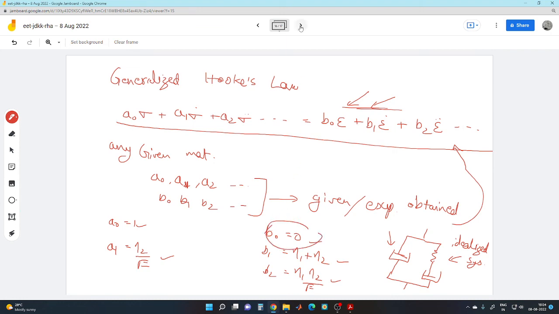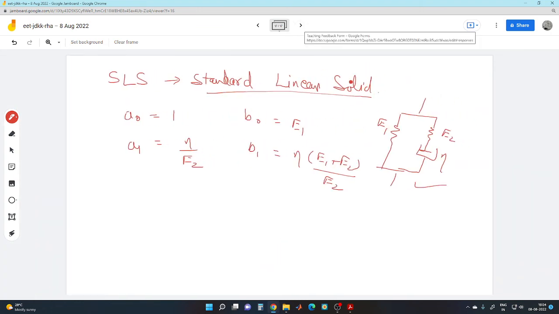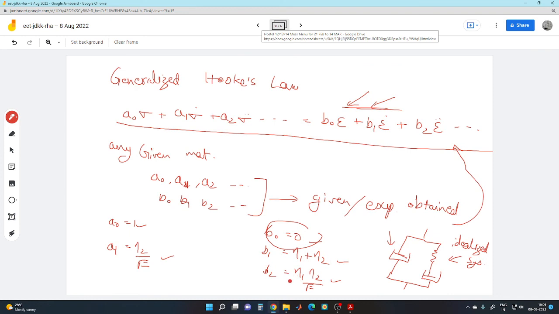So we can't use it to model any material which has a non-zero B naught value. For that, we have to go for standard linear solid. But the other drawback is that B2 value is 0 here. So if we want a positive or negative, or basically finite, non-zero value of B2, then we have to shift to this SLS model. We have to replace it by damping.